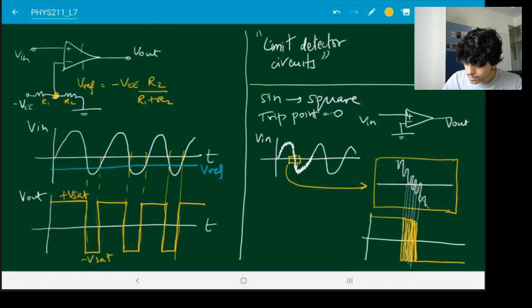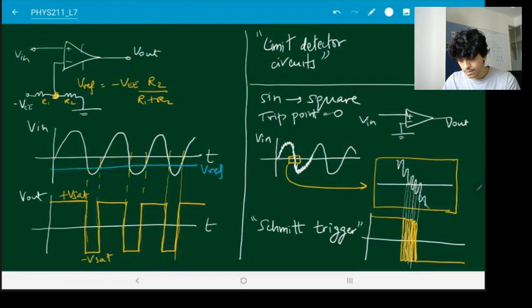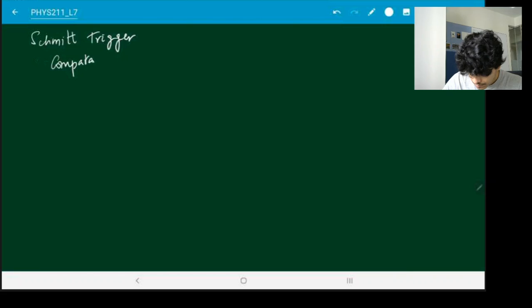So we have to introduce a variation of the comparator, and that variation is called the Schmitt trigger. So let's see what the Schmitt trigger does. A Schmitt trigger is nothing but a comparator with the added positive feedback.